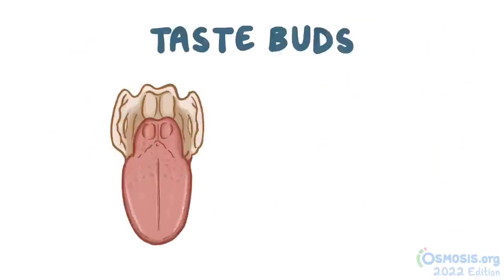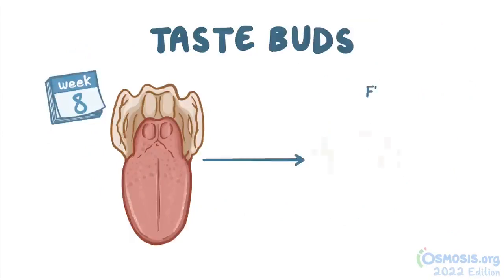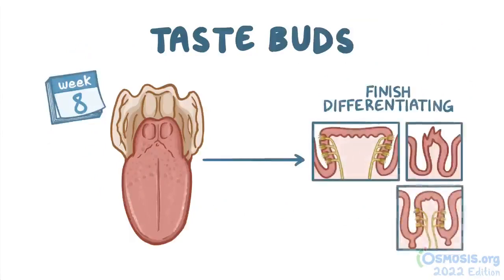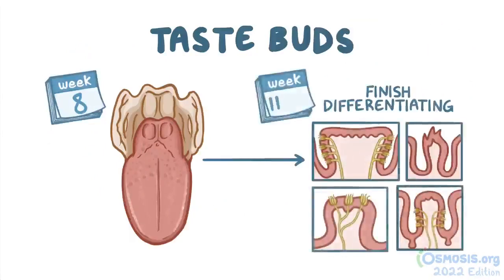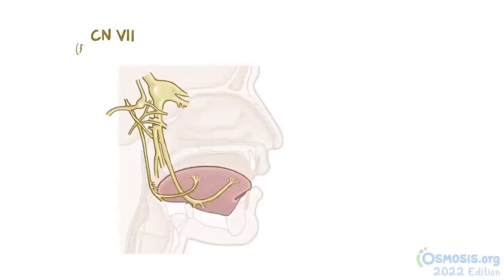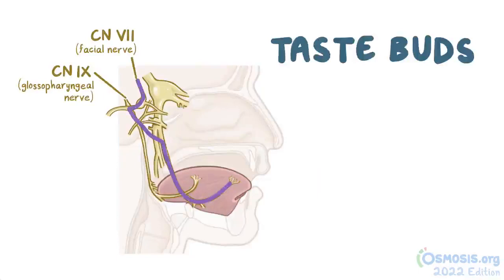And, as a final touch, the taste buds start to sprout over the surface of the tongue around week 8 and finish differentiating into the different types around week 11 to week 13. Cranial nerves 7, or facial nerve, and 9, or glossopharyngeal nerve, innervate the taste buds.